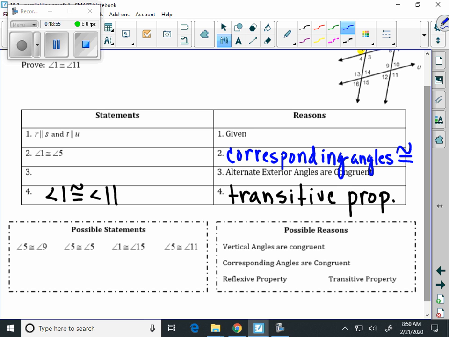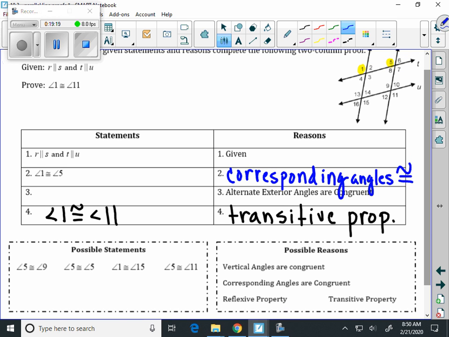Now, interesting here, for this next one, because look at the words. The reason on this one, it's alternate exterior angles are congruent, but we've already used angle 1, and back up here what we're trying to prove is we're trying to prove that angle 1 is congruent to angle 11, so we need to have something in here that's got angle 11 in it, and we need to also use angle 5.